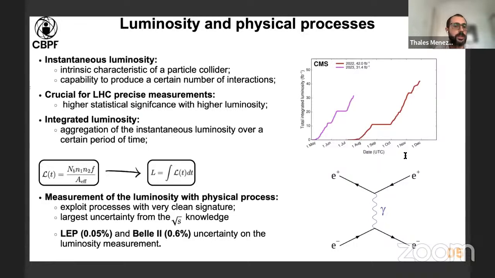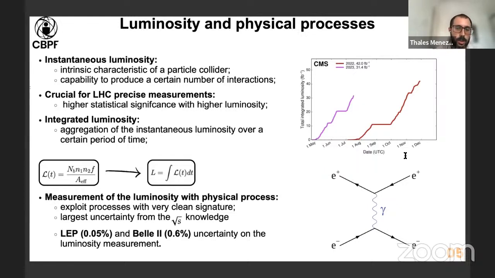In the context of the LHC and CMS, we can have some words about the luminosity, and more precisely the instantaneous luminosity, which can be defined as an intrinsic characteristic of a given particle collider. It can be understood as the capability of such a collider to produce a certain number of interactions, even for different probability occurrences for such interactions.